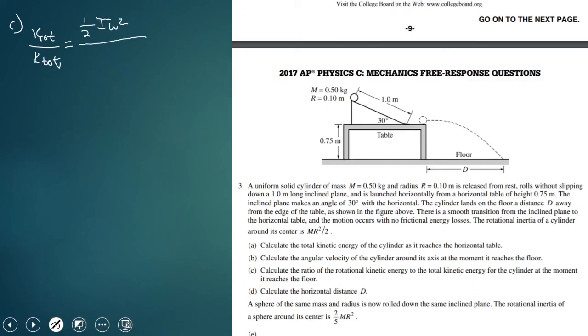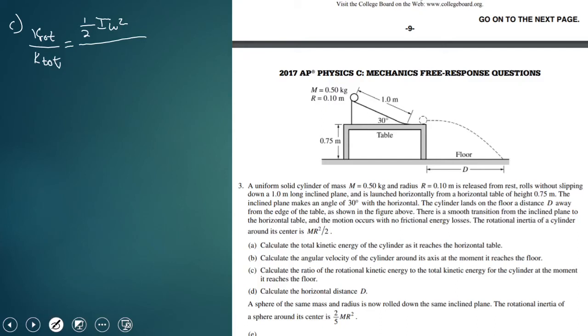Our K total, it's interesting because what some of the people forgot to do is they simply put 1/2 mv squared plus 1/2 I omega squared, but you also have to account for mgh as well.